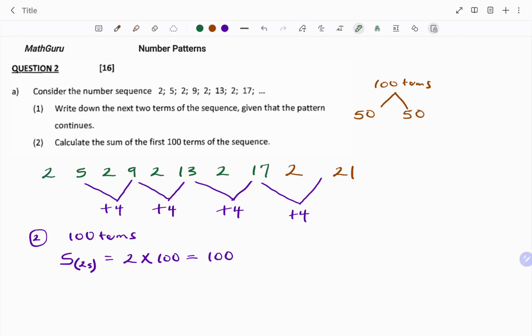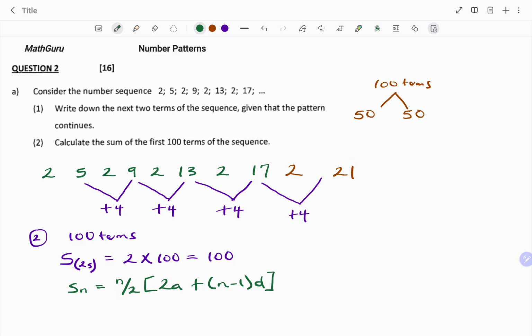Now, the remaining terms, that's your 5, 9, 13, 17 to the end. The formula for finding the sum of terms for an arithmetic pattern or a linear pattern, I have that as Sn equals n over 2 in brackets 2 times the first term, a, plus n minus 1, then the common difference, d, close bracket.